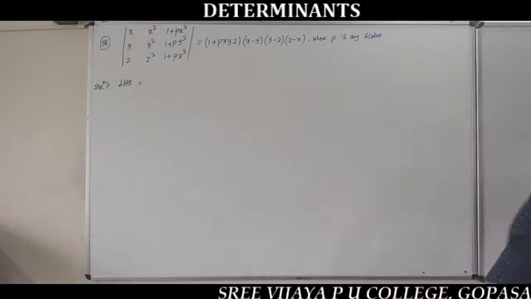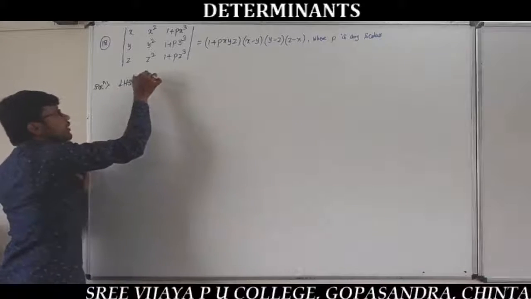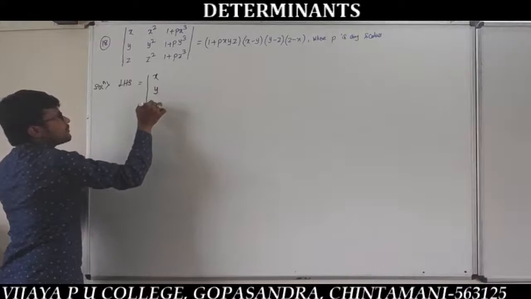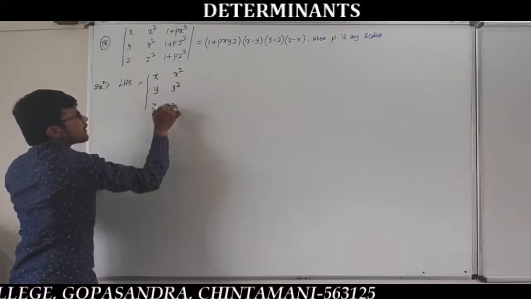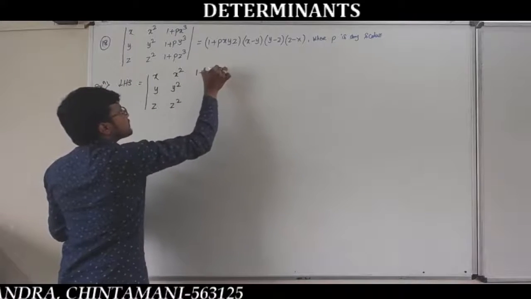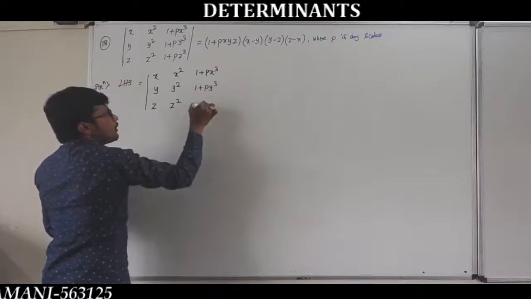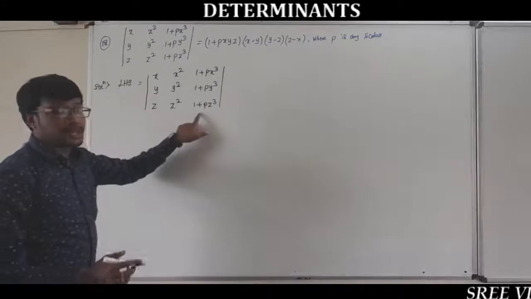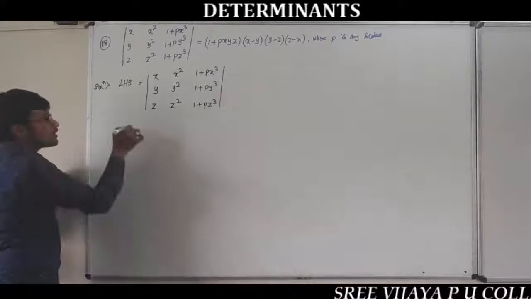Now in the determinant, column 3 can be expressed as 2 terms, right? Column 1 x y z, column 2 x square y square z square, column 3 1 plus px cube, 1 plus py cube, 1 plus pz cube. So column 3 can be expressed as 2 terms, so the determinant can be split into 2 determinants.